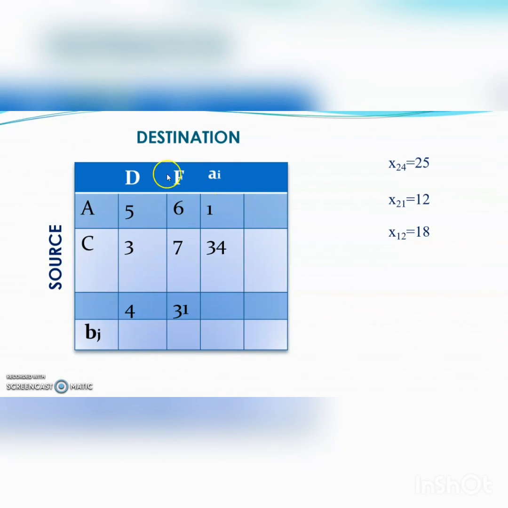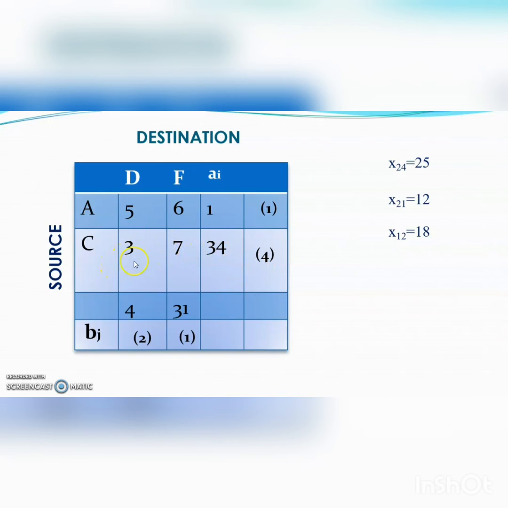This cost matrix has 2 rows and 2 columns. Again we calculate the penalties for each row and each column. The penalties are 1, 4, 2 and 1 respectively, and the maximum penalty occurs in this row. So we allocate in this row.